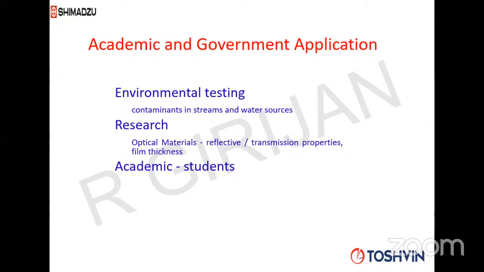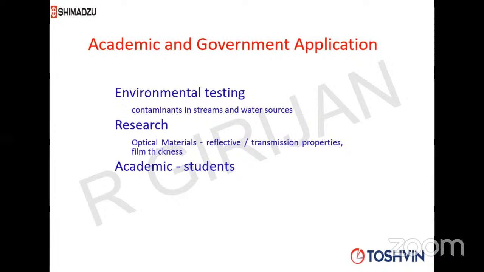I will show you one example after this, how UV can be used for contaminant analysis in water. And that's a very major application in power generation companies, like, for example, Tata Power, or major petrochemical companies or fertilizer companies.